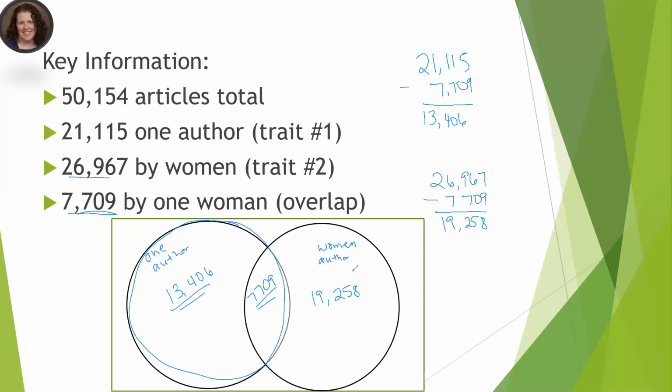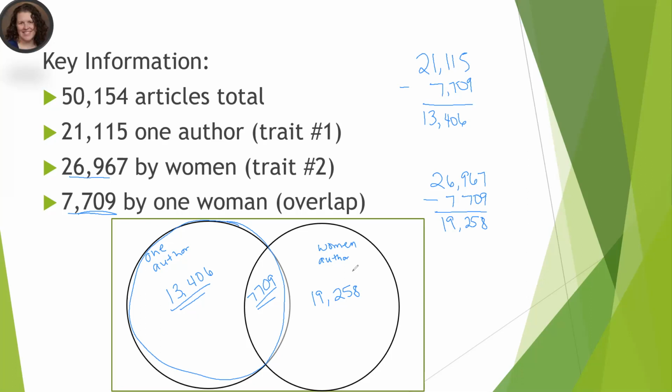So now we need to figure out how many articles fall outside of this. So this might be articles written by a group of men, because we don't have a circle that represents an article written by more than one man.